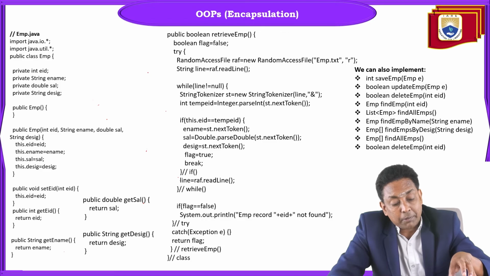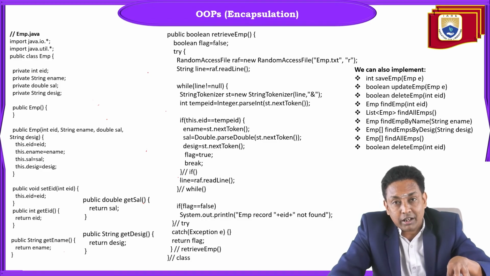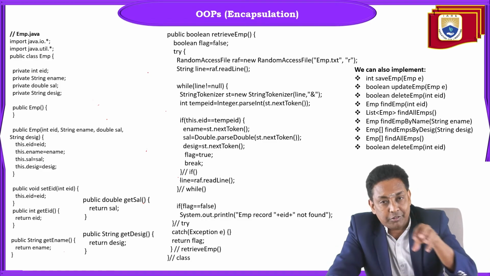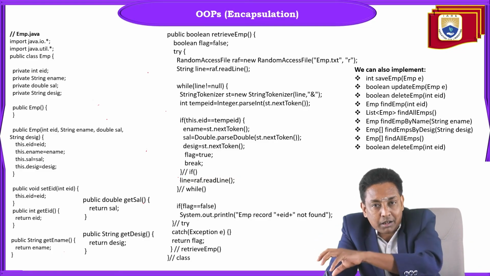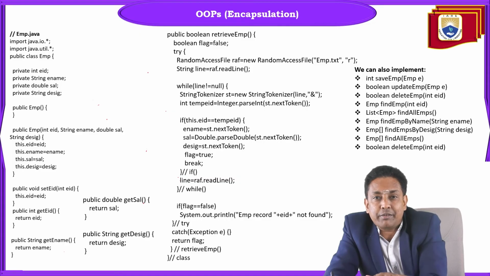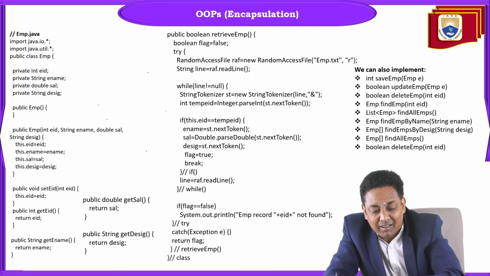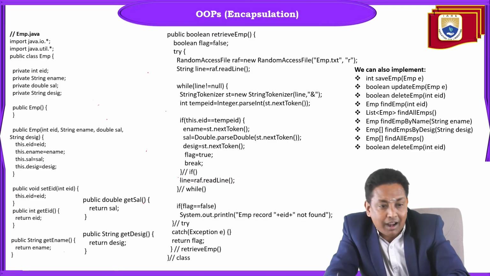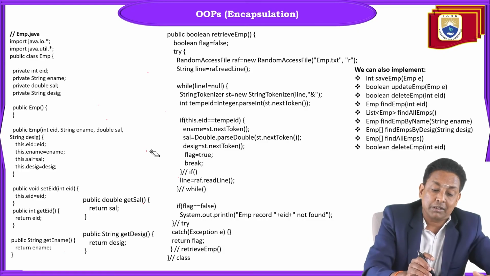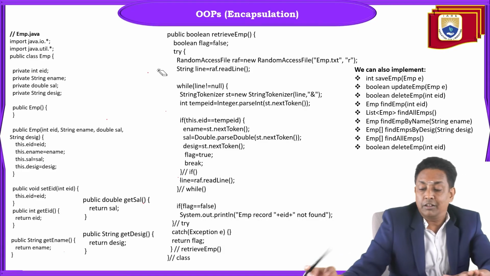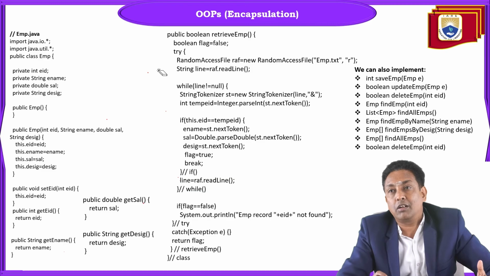If you want to store, retrieve, update, and delete employee data in the employee table, you can add extra methods like save employee, update employee, delete employee, find all employees, find employee by name, find employee by designation, find employee by salary, etc. All database related functions you can add into the same class with private variables, public setter getter methods, and these save, update, delete, find all methods.